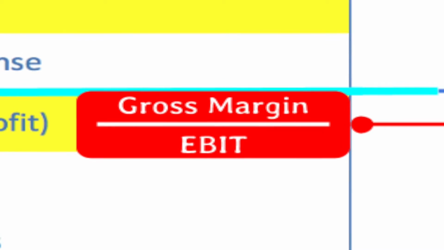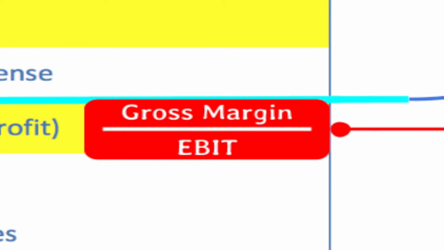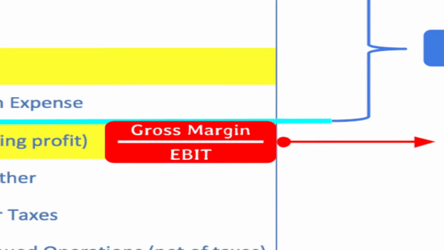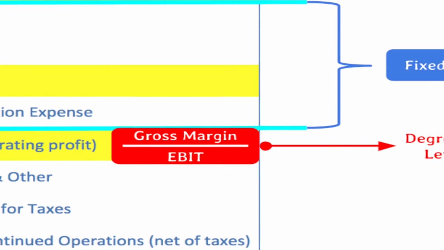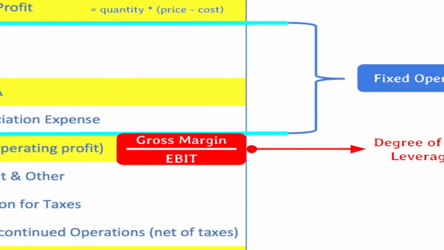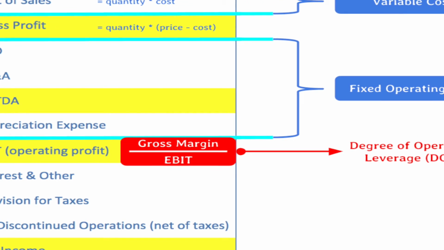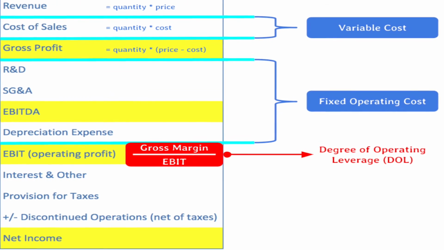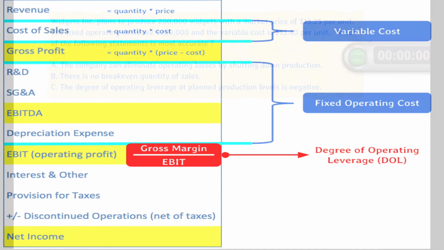So in summary, when we say a DOL at 5,000 units equals 5, what it really means is that a 1% change in sales from the 5,000 unit sales position causes a 5% change in EBIT. So with that, let's look at an example that will help illuminate this concept.